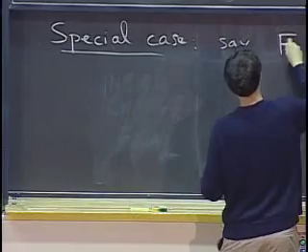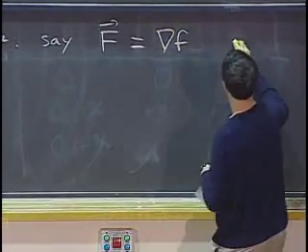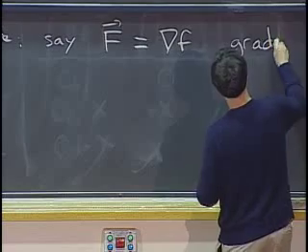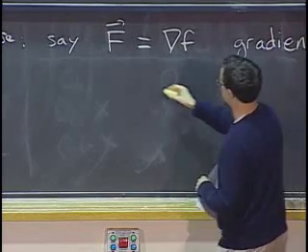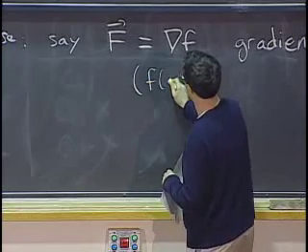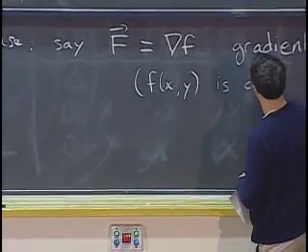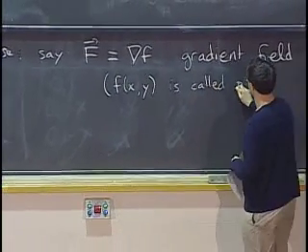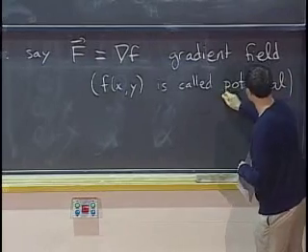Say that f, our vector field, is actually the gradient of some function. So it's a gradient field. And f is a function of two variables, x and y, and that's called the potential for the vector field.